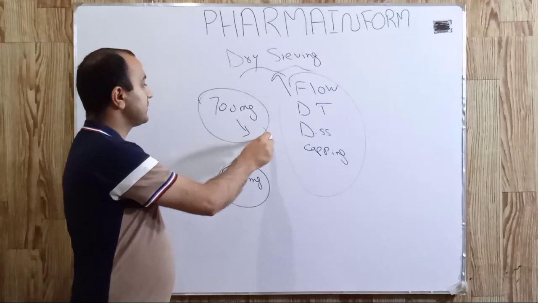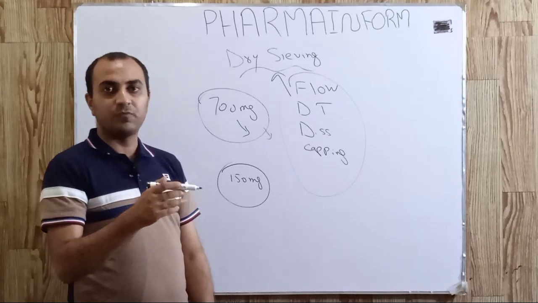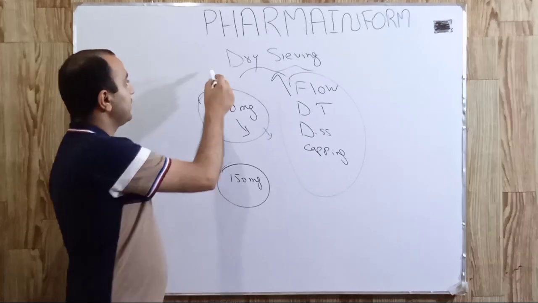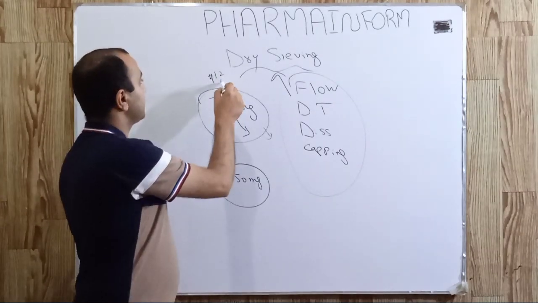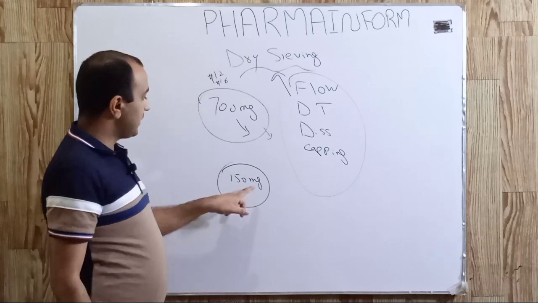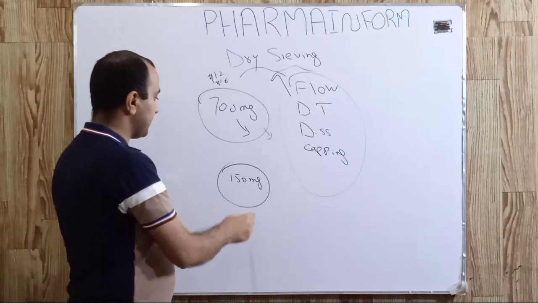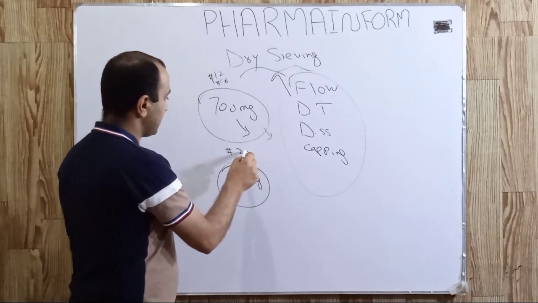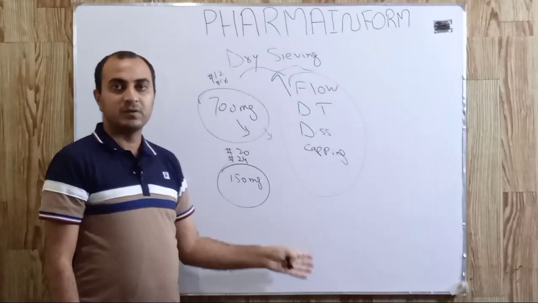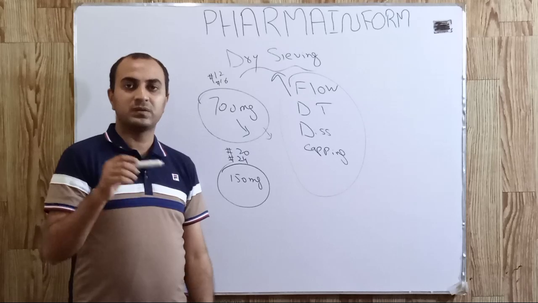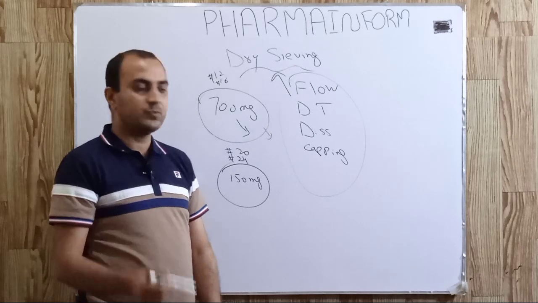So for large weight tablets we use mesh numbers of a lower side, meaning 12 number, 16 number, and in this way we use mesh numbers of upper sizes like 20, 24. It is a basic rule, and for clearing your concept it may vary from product to product or pharma to pharma.